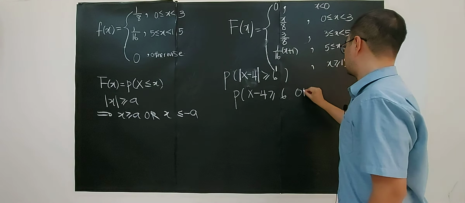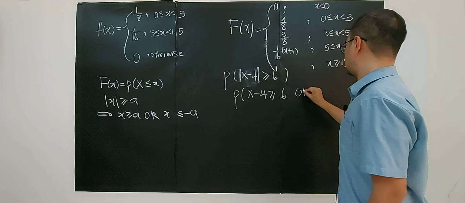By using this definition, I find X greater than or equal to 6 plus 4, which is 10, or X less than or equal to negative 6 plus 4, which is negative 2.